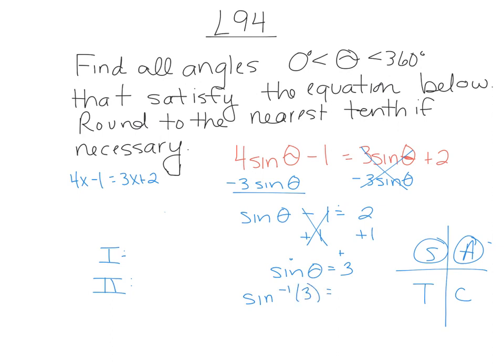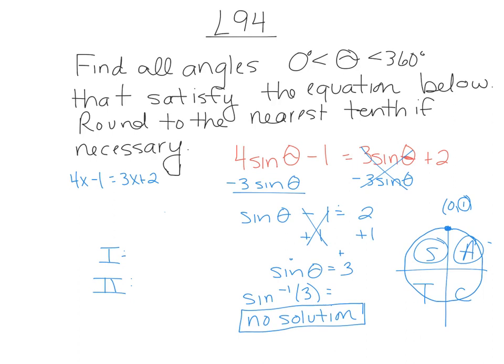But when I type sine inverse of 3 in my calculator, I get an error. So maybe I check, am I in the wrong mode? But everything is right. And actually on this problem, there's no solution. And if you think about sine on the unit circle, right, the largest value of sine, the largest y value on the unit circle is 1.